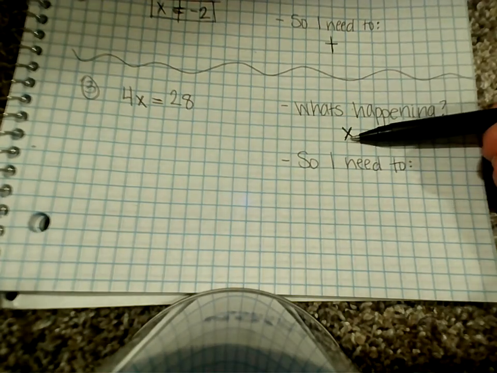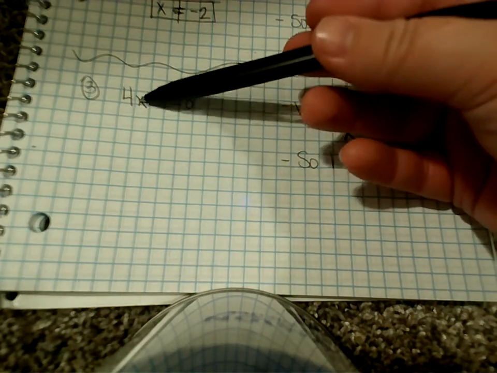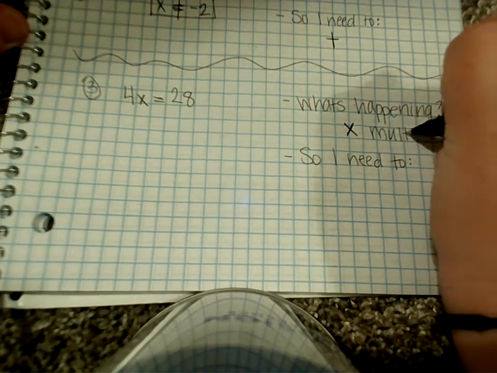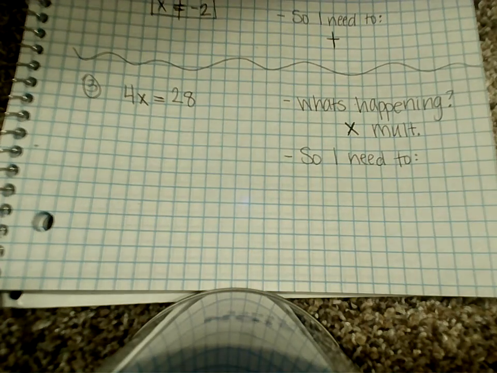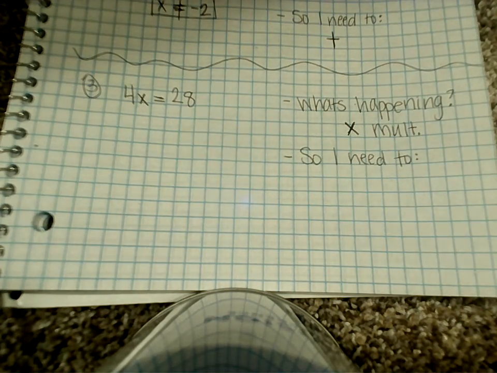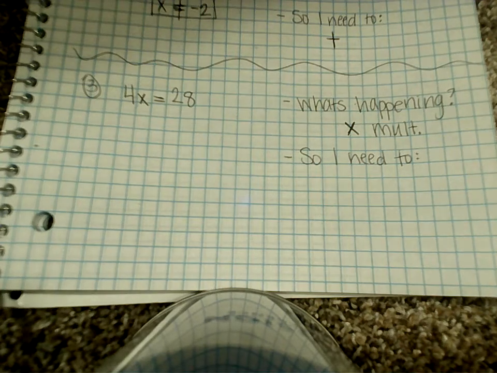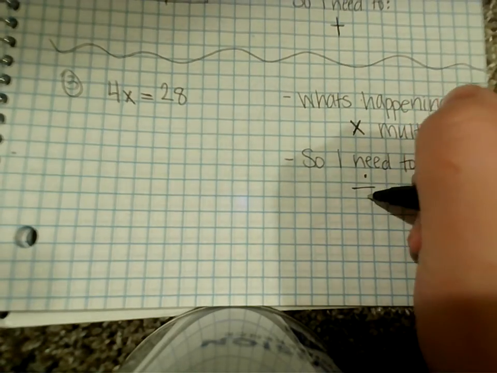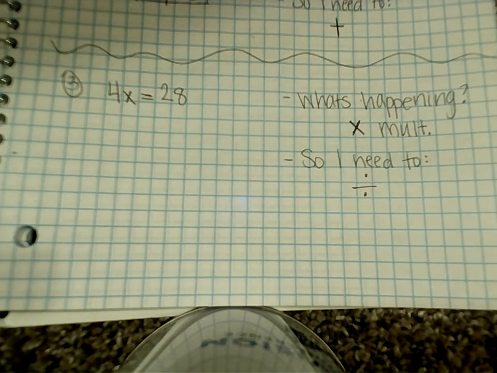And if that x, that times, confuses you, then write out multiplication, or mult if you'd like to. Multiplication is currently happening. So you need to do the opposite of multiplication, which is division. We need to divide. All right?